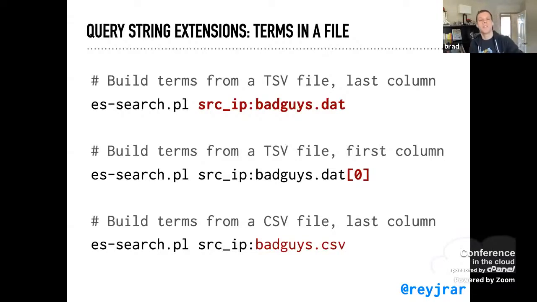In these examples, we have a file called badguys.dat, which has some IP addresses in it. It will columnize the data, default to pulling the last column, pull all those rows, unique them, and then translate that into a terms query. If you want a different column, you can specify that using zero-based array syntax, because it's just an array and you can access any of the array syntax there.